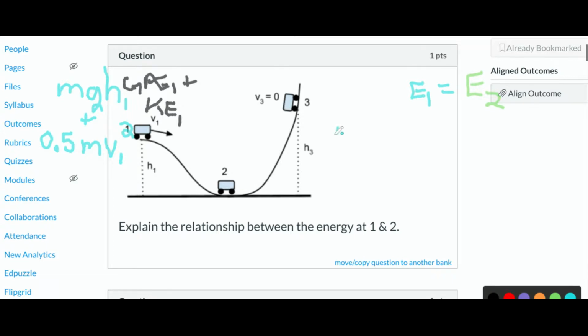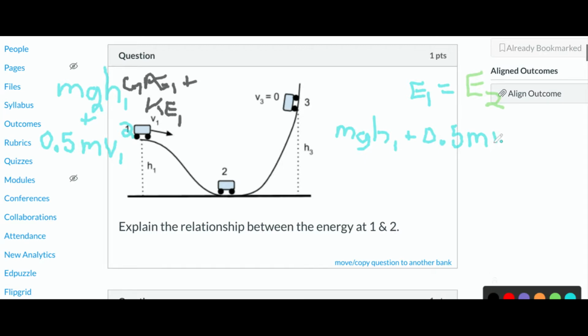So mgh1 plus 0.5 m v1 squared. It's the velocity here at 1.